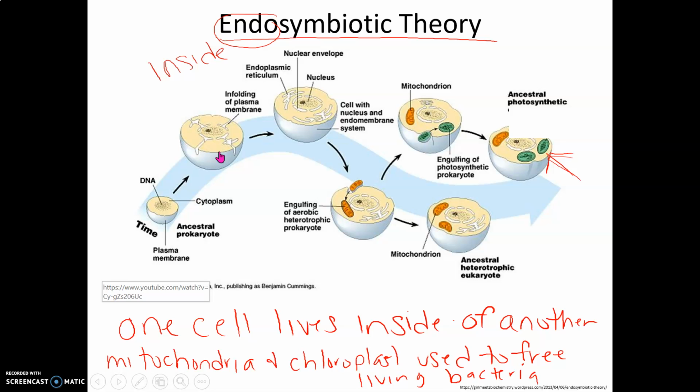That's why they still have ribosomes and DNA, because they once were free-living cells. And then they lived inside of another to help them. The ancient chloroplast was able to photosynthesize. Another cell might have needed that photosynthesis, so it engulfed it, and then they worked together to survive and thrive in whatever their environment was. And so this is the endosymbiotic theory.